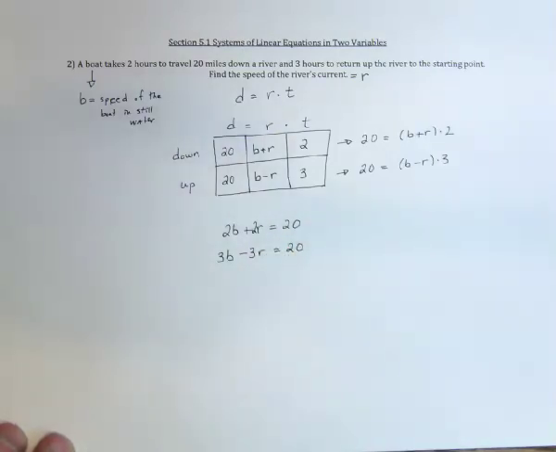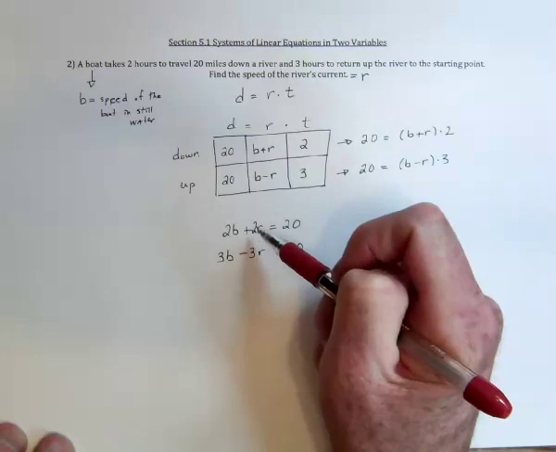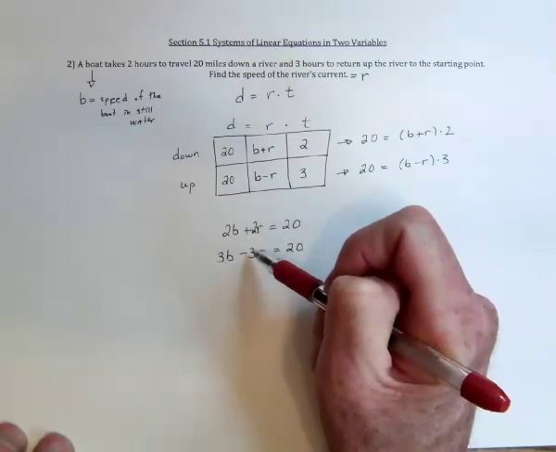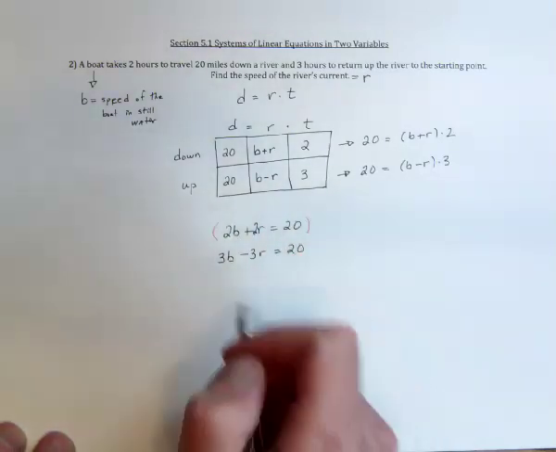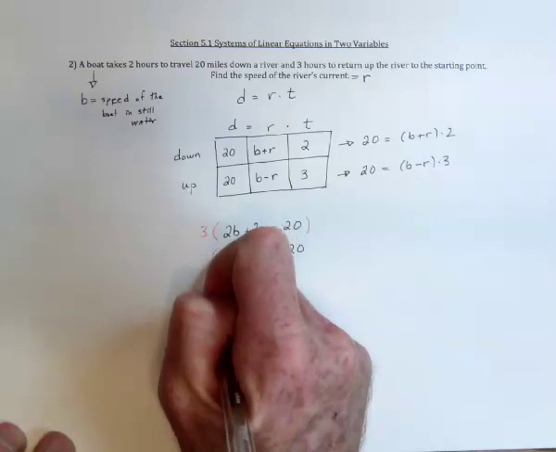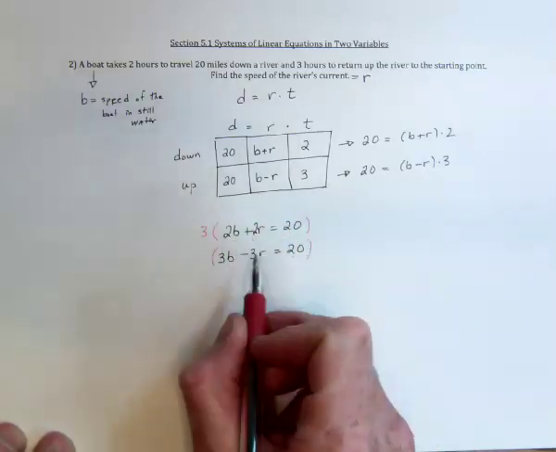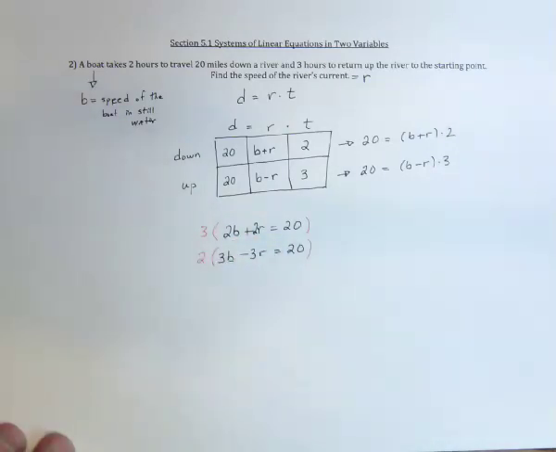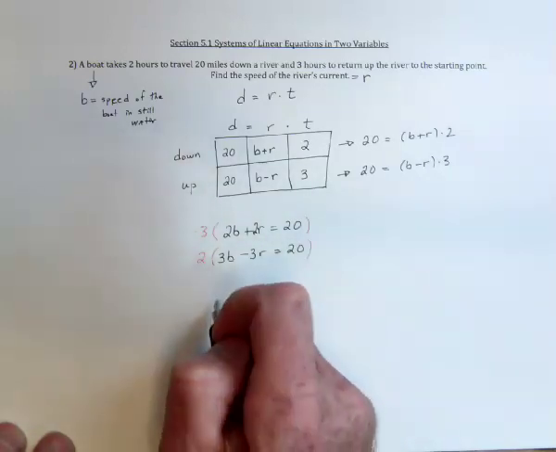And now what I would like to do is use the elimination method. So I'm going to eliminate these two by changing them into a positive 6r and a negative 6r. In order to do that, I need to multiply the top equation by a 3 to change this into a 6r, and this needs to be multiplied by a 2. Then, for the top equation, multiply everything by a 3, so distribute.